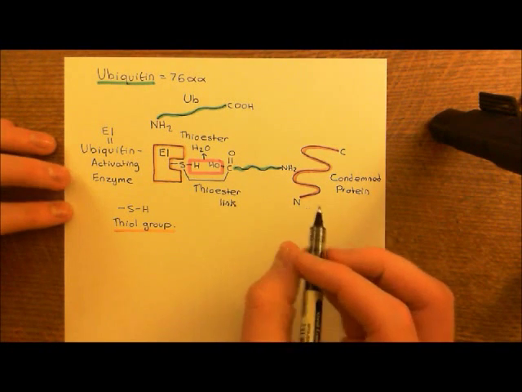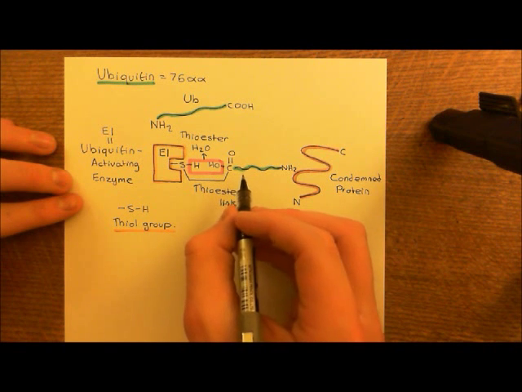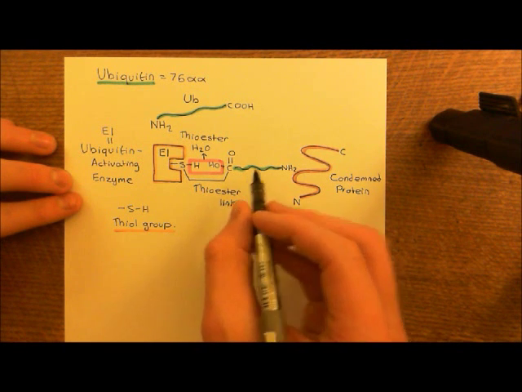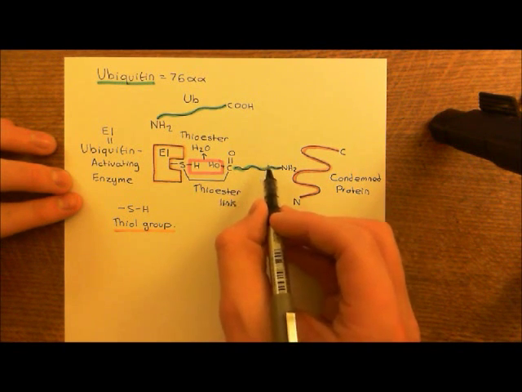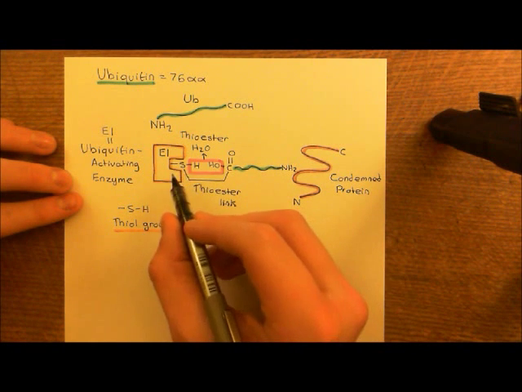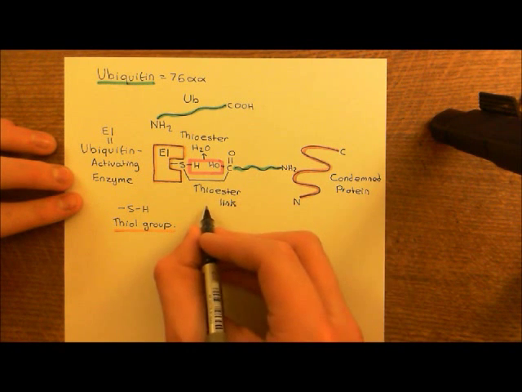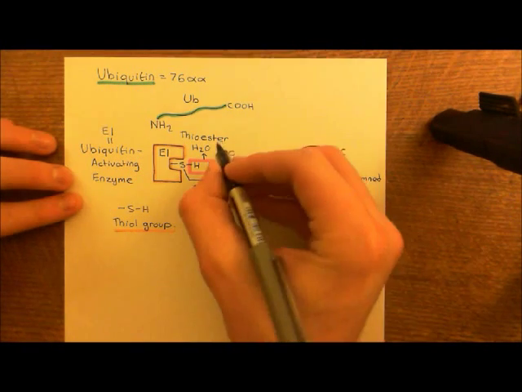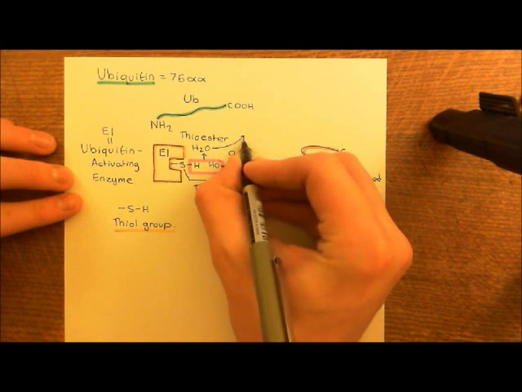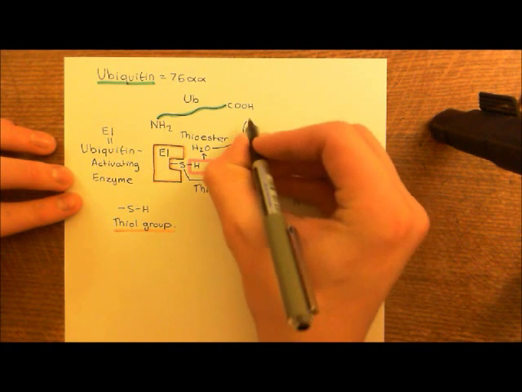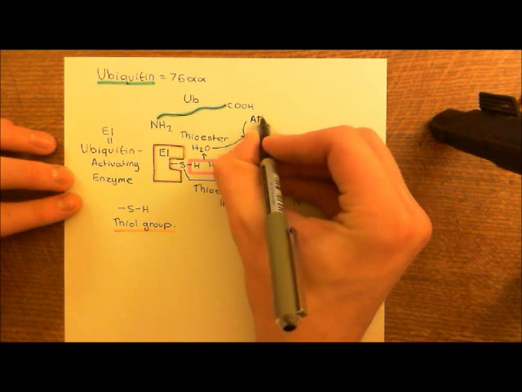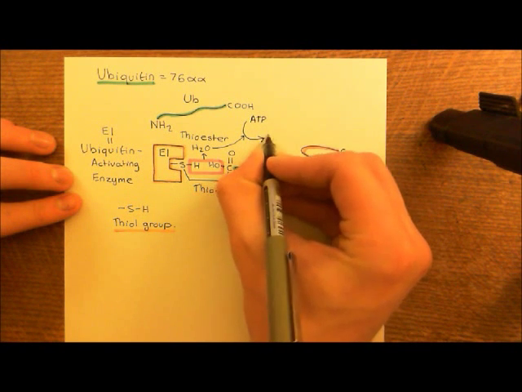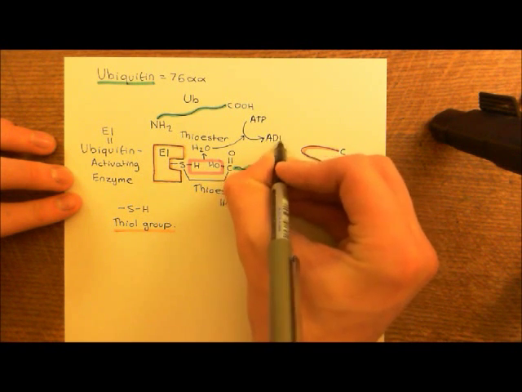So that's the first step in this ubiquitin proteasome pathway: you firstly need to bind the ubiquitin protein onto an E1 ubiquitin activating enzyme. Now, this reaction is actually dependent on the hydrolysis of ATP, because this water molecule here is going to be used to hydrolyze a molecule of ATP to ADP and inorganic phosphate.